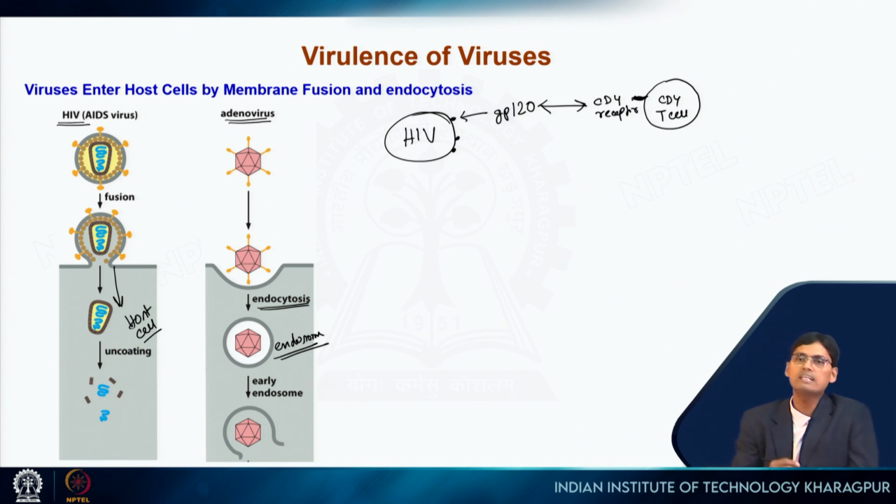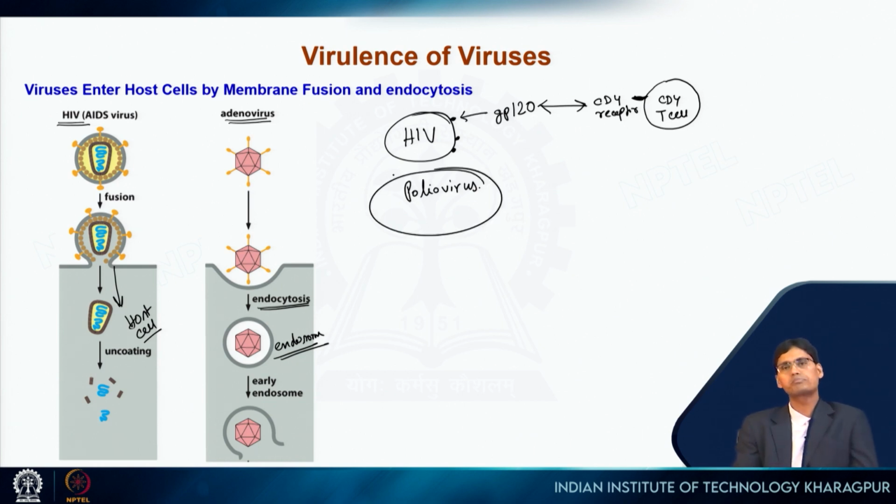And similarly, many other viruses also utilize different types of virulence factor. For example, poliovirus. This poliovirus also uses some host receptor, right?